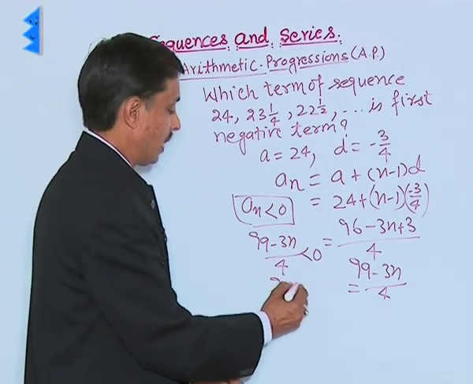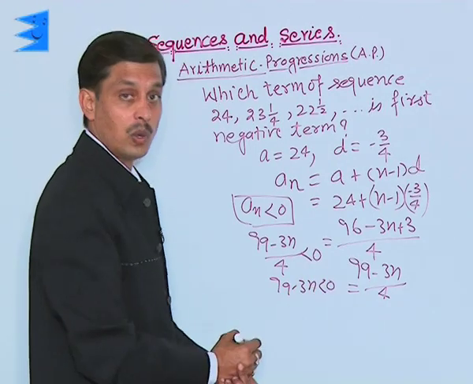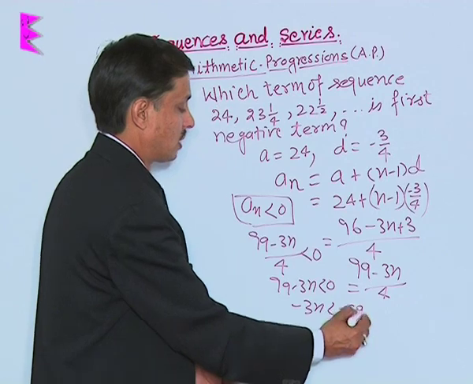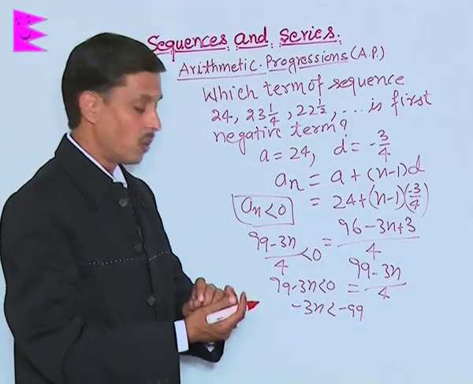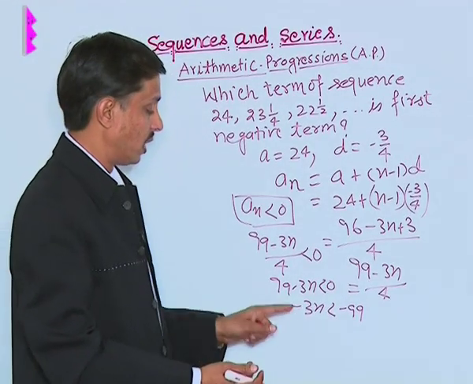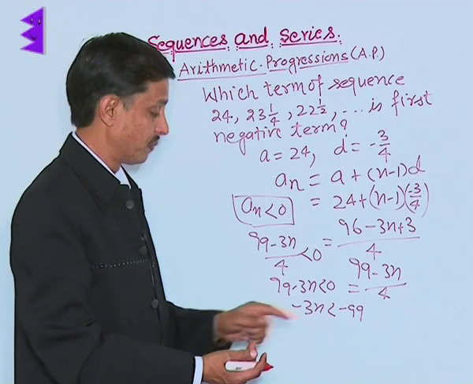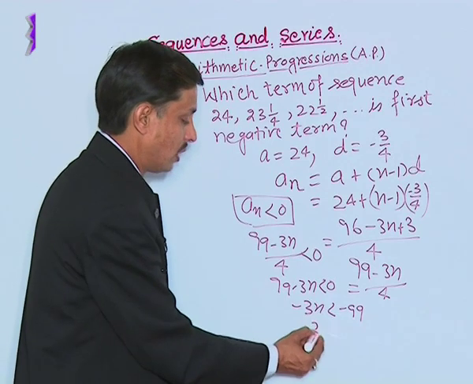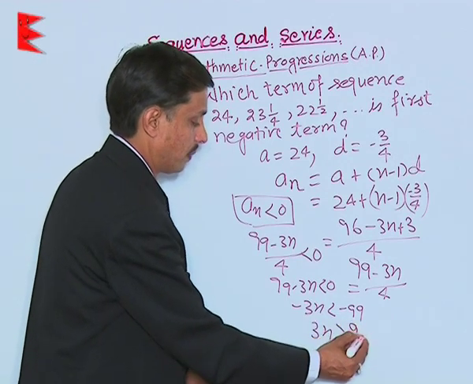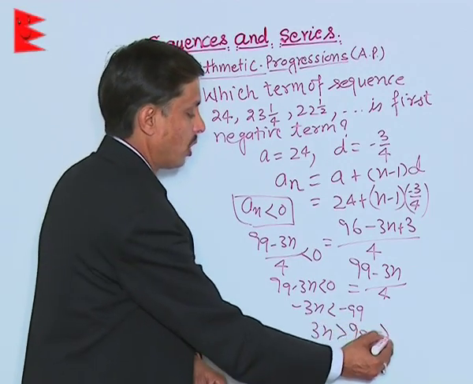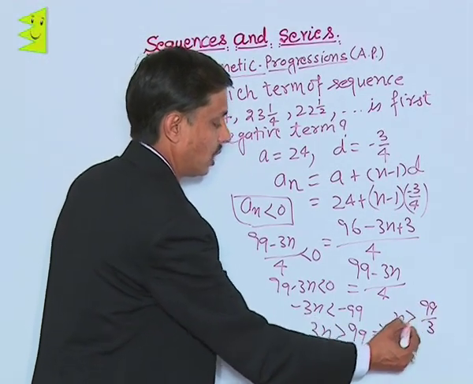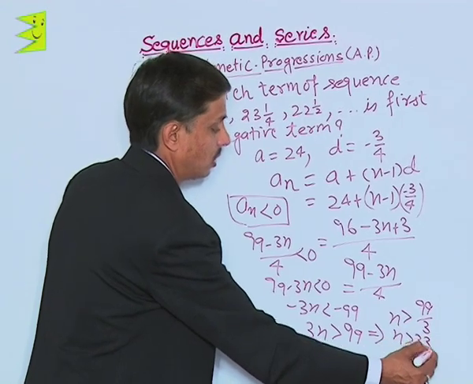So this becomes 99 minus 3n less than 0, or we can say minus 3n is less than minus 99. But you know, in inequalities, when the negative is transferred, the inequality always gets reversed. So you will notice 3n is greater than 99, or n is greater than 99 upon 3, that is n is greater than 33.